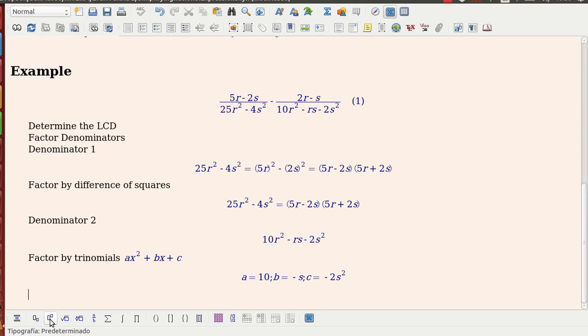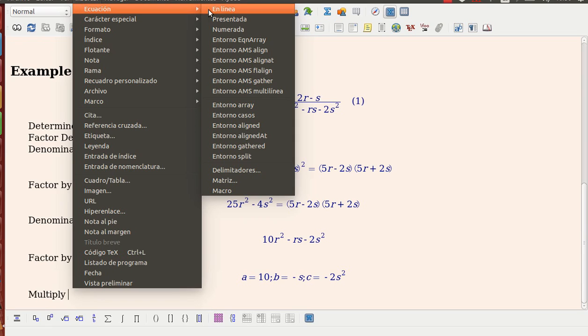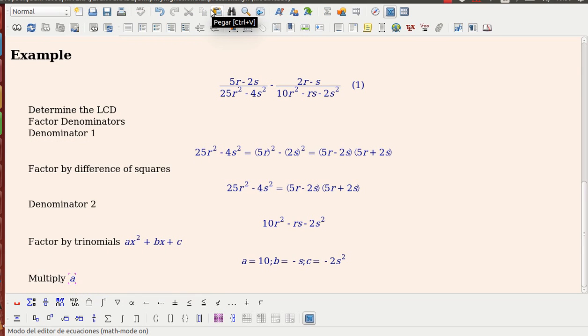How can you factor this trinomial? You can multiply a times c. In this case, a is 10 and c is minus 2s squared. So a times c is equal to minus 20s to the second power.